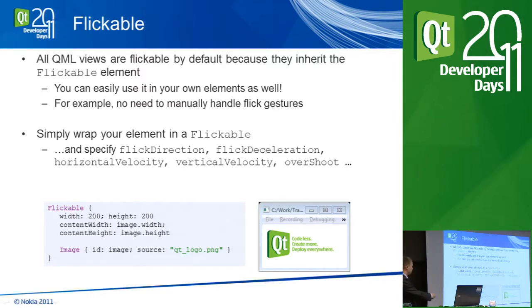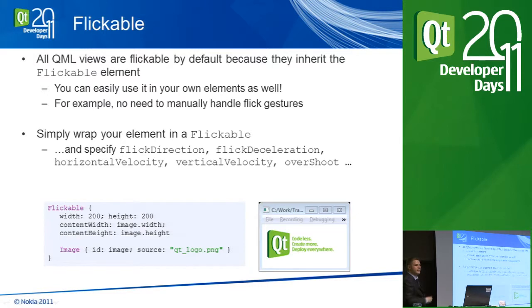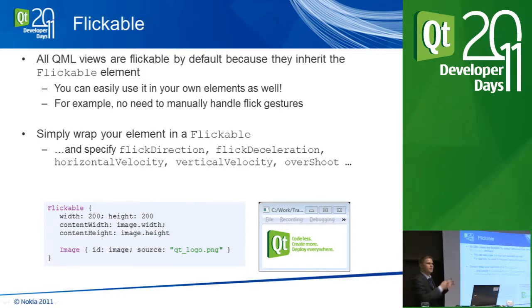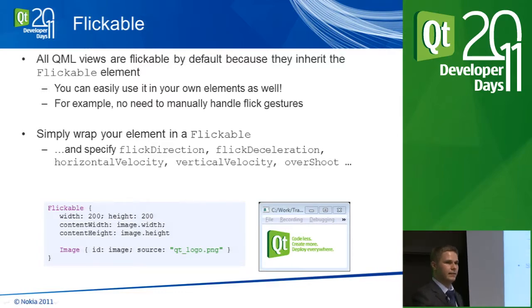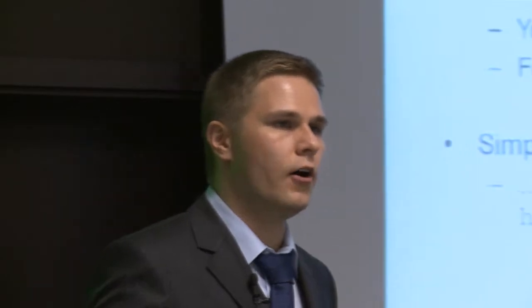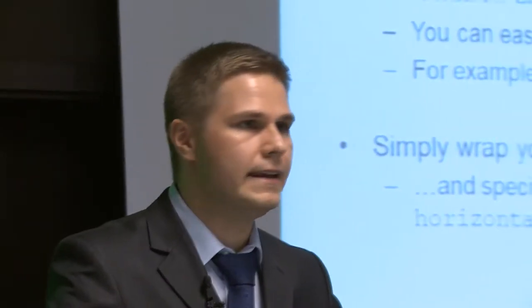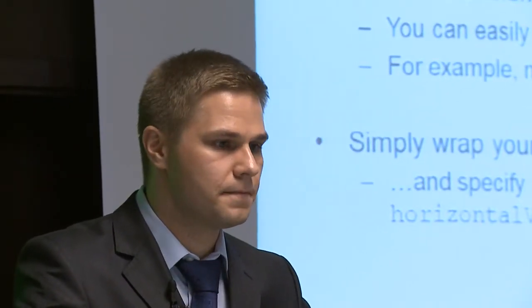If you want to make this image flickable, we'll just add a flickable element around it and define content width and content height, which are probably different from the flickable element's own size, so that the content can be flicked in various directions. So that's how it works. Lists, for example, are already flickable because they inherit from that element.